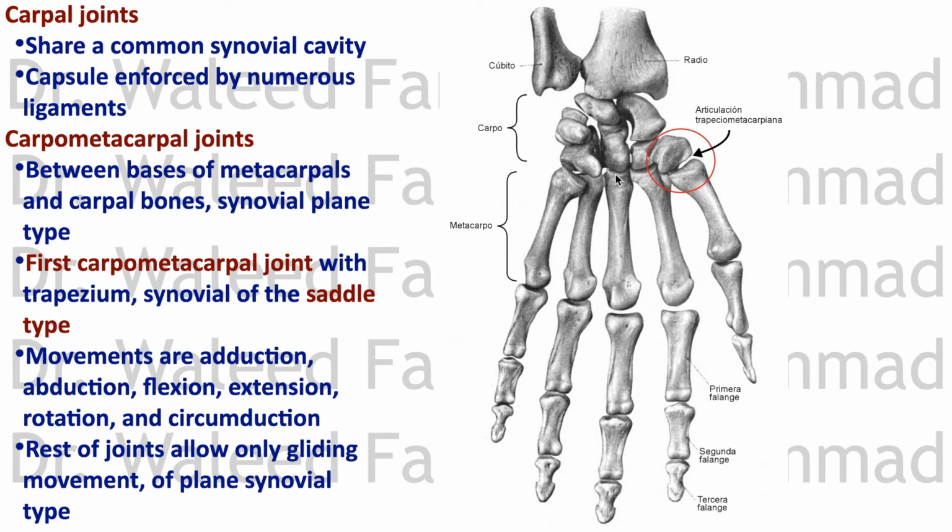So remember, abduction involves moving the thumb away in a perpendicular axis to the plane of the palm, while extension is putting the thumb away in the same plane of the palm of the hand.